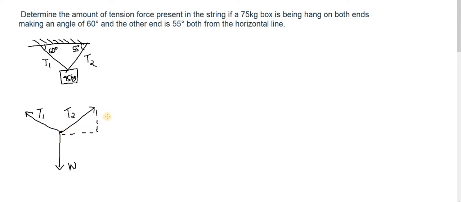This is your T2 sub Y, again we have this 55 degrees here, and then we have T2 sub X. For the other tension, we have 60 degrees here, and this is your T1 sub X and T1 sub Y.